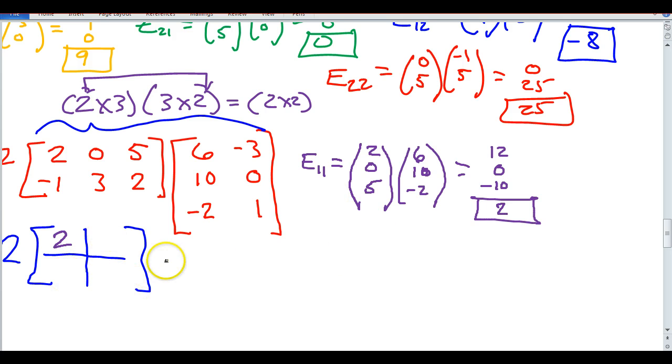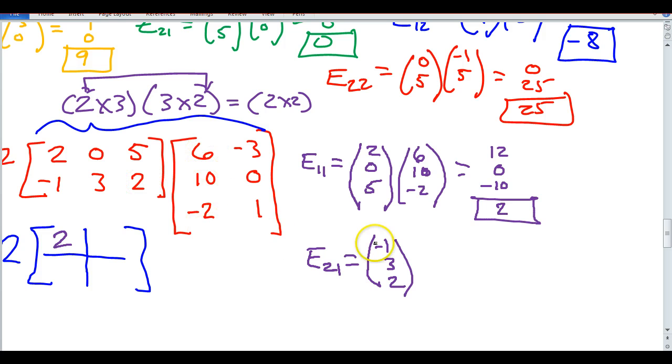Alright, now I would just need to do that 3 more times. Okay, so for example, I'll just go downward. So if I do element, this would be element 2, 1, because I'm talking about row 2, column 1. Now here's row 2 right there. That's my -1, 3, 2. Okay, that's row 2.